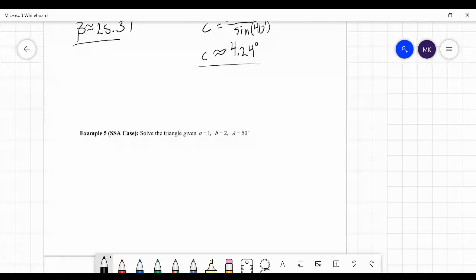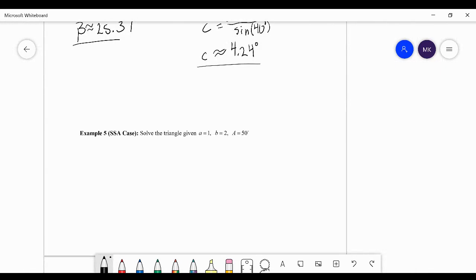How do we do that? Well, I'm just going to draw this arbitrarily. I don't know if this is actually how it looks or not. I know that this angle here is 50 degrees. This side here is B, which is 2, and A is 1.